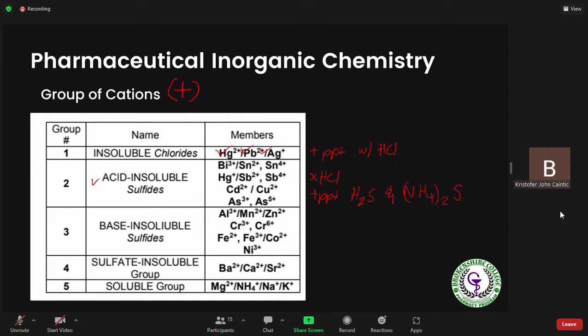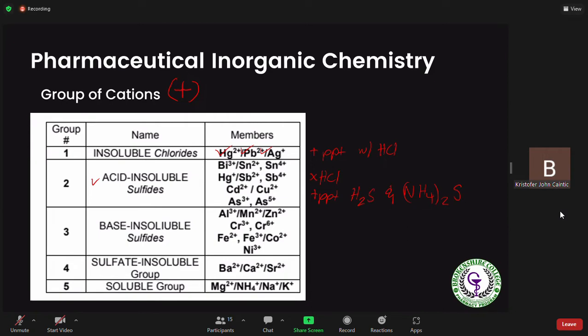Again, class, remember your group 2. They will not react with hydrochloric acid but form a precipitate with two of the solvents, hydrogen sulfide and ammonium sulfide. How about group number 3?